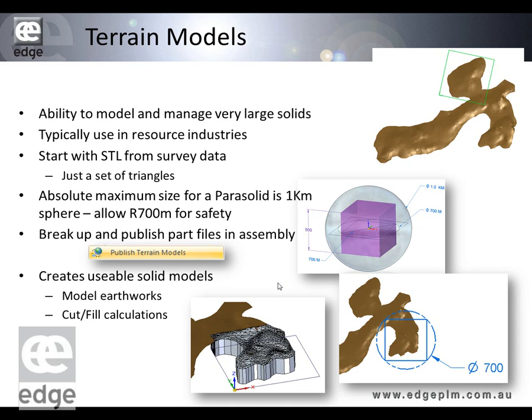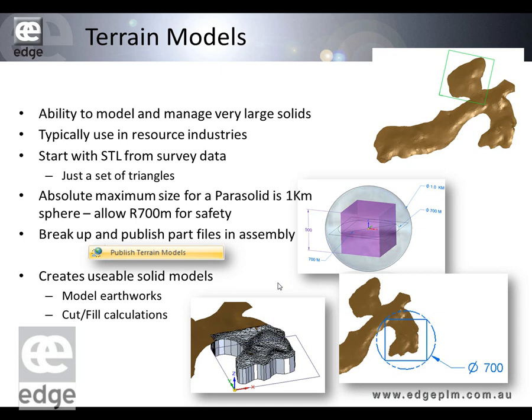Now, by terrain models, I mean whole sites. These might be building sites. These might be sites on which people are creating mines, buildings, what have you. We're dealing with many, many kilometers, not just meters, it's kilometers, thousands upon thousands of meters in size. So we get some very large parts.